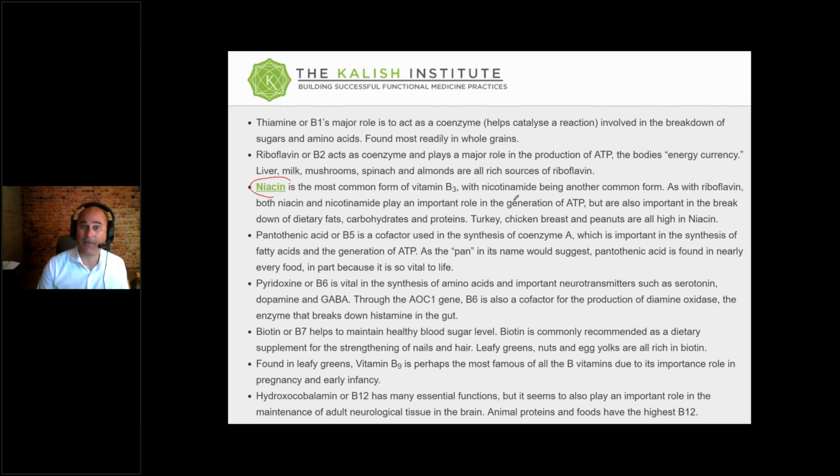Niacin, the most common form of vitamin B3, along with riboflavin, plays an important role in the generation of ATP, but is also important in the breakdown of fat, carbs, and proteins or amino acids. Pantothenic acid, the list goes on and on and on. This is what the B vitamins do to a large extent: they help us break down amino acids.